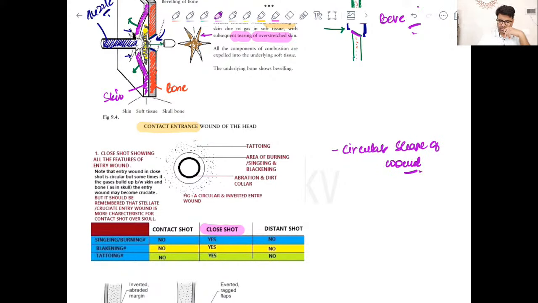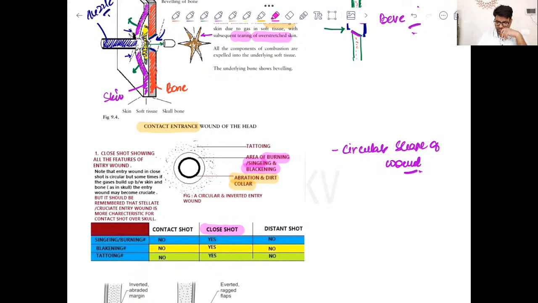Then in this area you will have different regions. The innermost is the abrasion collar, which is also known as the dirt collar or grease collar, which is surrounded by the area of singeing or blackening, right?